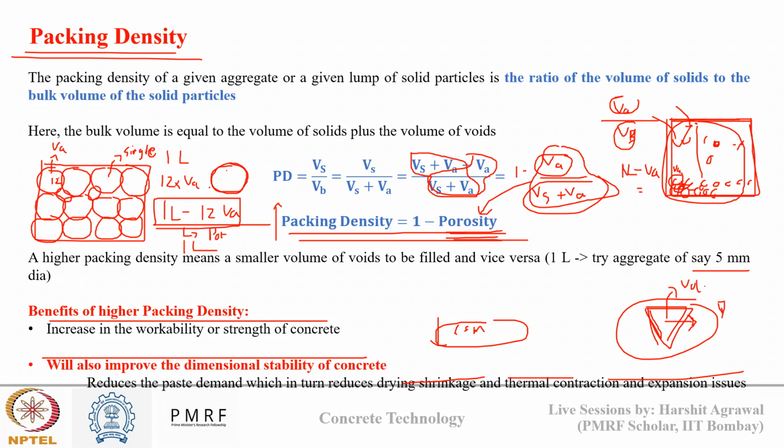Here it is a well-defined shape, so for each aggregate it is easy to know the volume. Now, this concept that you will be understanding in the next few slides, just try to understand how a multi-sized aggregate system changes the packing density and how it is different in a single-sized aggregate system. That is the point here right now.